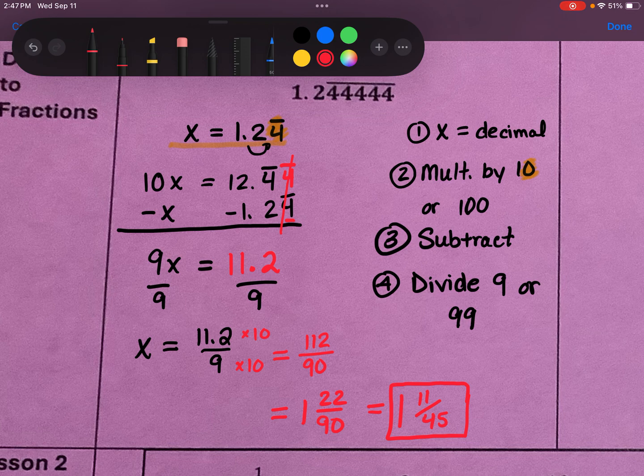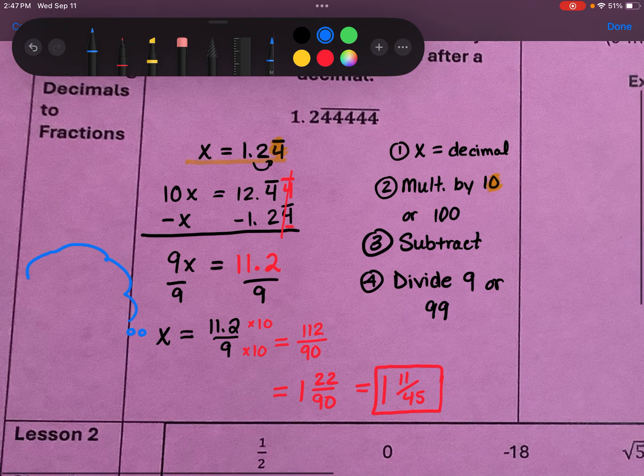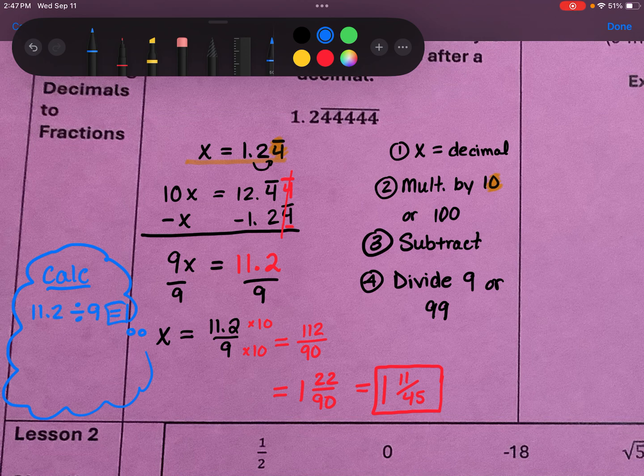If you used your calculator for step 4, you would type in 11.2 divided by 9, equals, then second PRB, equals, and that would give you 1 and 11/45. So you can do that as well.